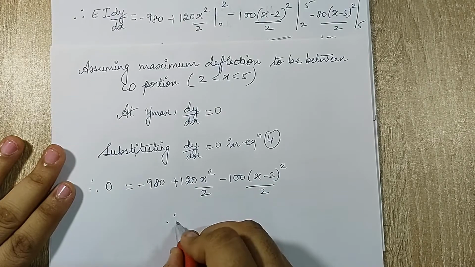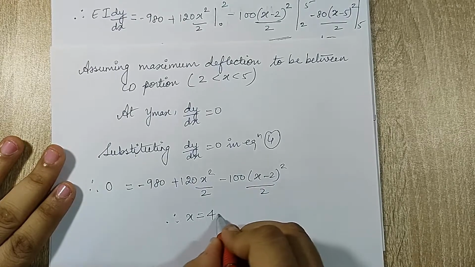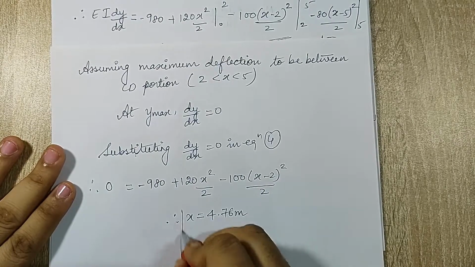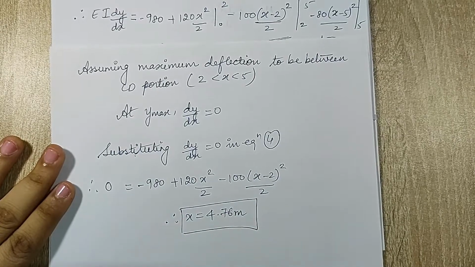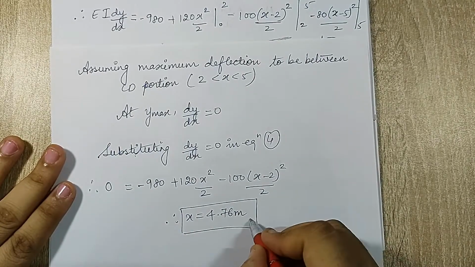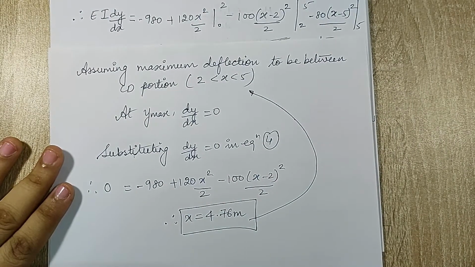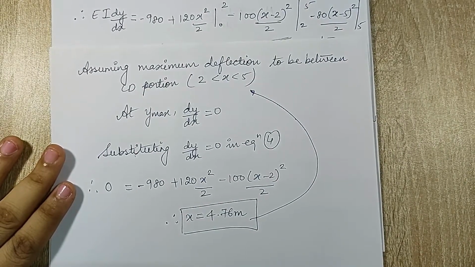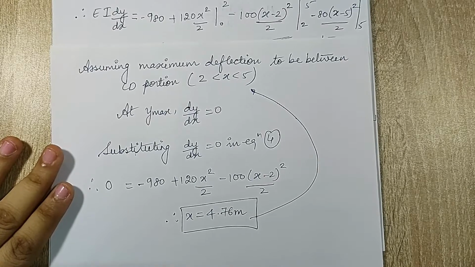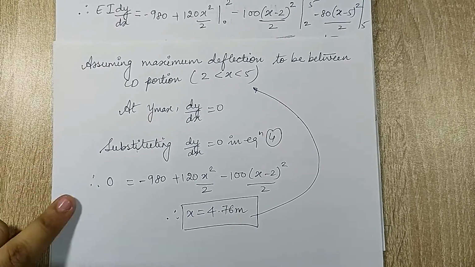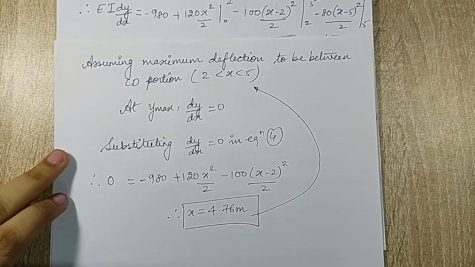When you solve this, you will get the value of x as 4.76 meter. When I get the value of x as 4.76, I was correct in my judgment that the value will be between 2 and 5, or on the CD portion. Now since my assumption is correct, I need not think again. My first trial and error method has given me the answer.